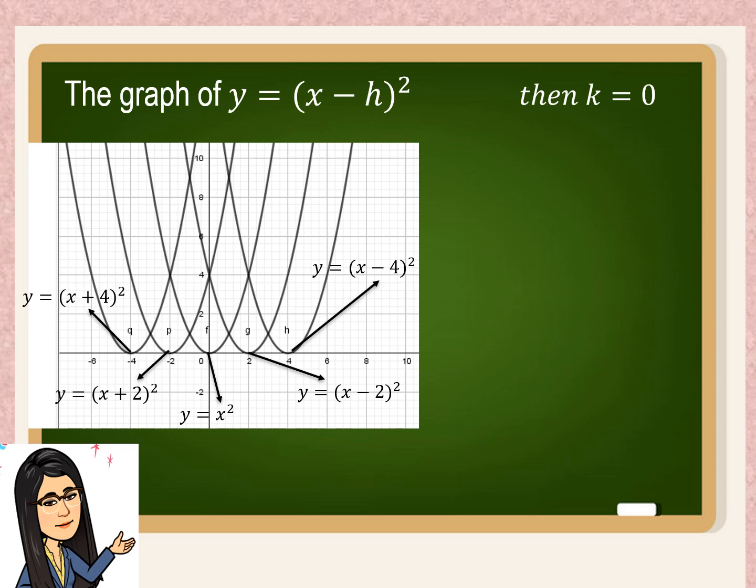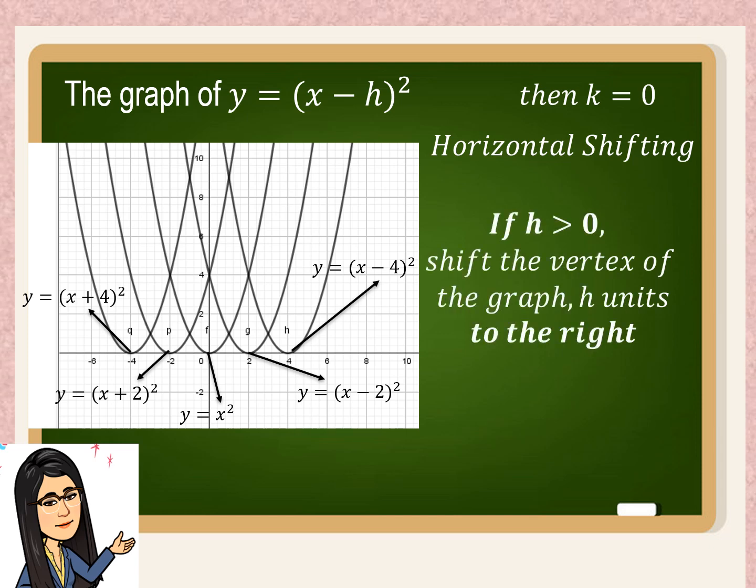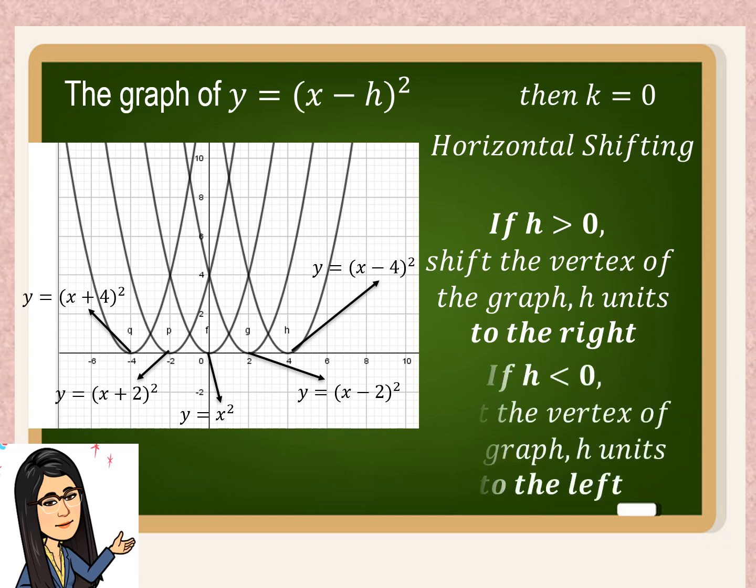Observe that horizontal shifting has happened. So, if the value of h is greater than 0, or positive, shift the vertex of the graph h units to the right. And if h is negative, or less than 0, shift the vertex of the graph h units to the left.